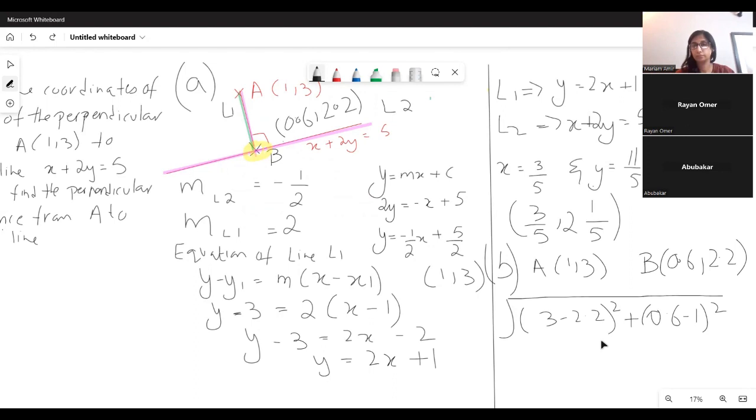What do we get? Miss, 0.8944. Can you give me the answer in exact form before you press the S-D button? Miss, 2 under root 5 divided by 5.